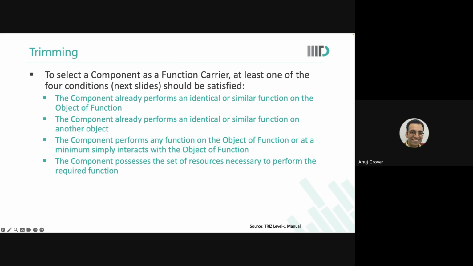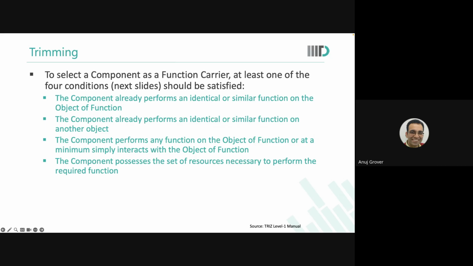Are you getting it? Because once I remove the carrier of the harmful function, then who will cause that harmful function? There's none. This is to remove the key disadvantages of your system. Because if you remove the key disadvantage, the problem is solved. Are you able to see this?